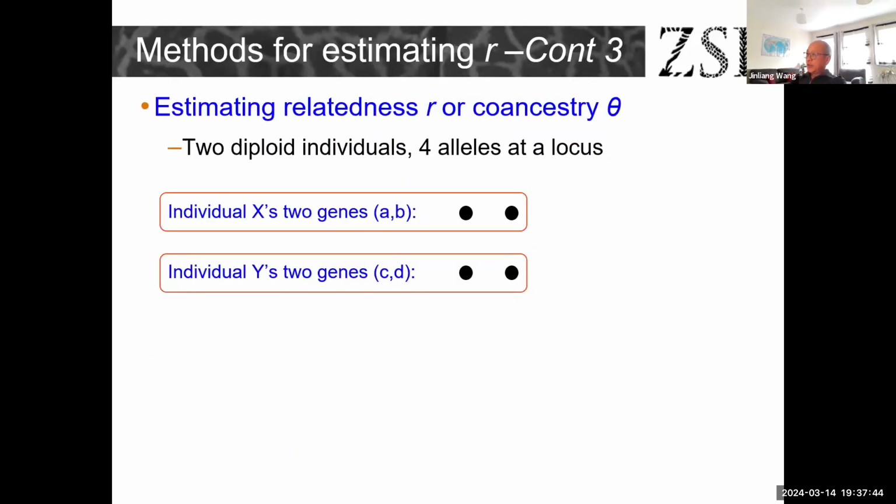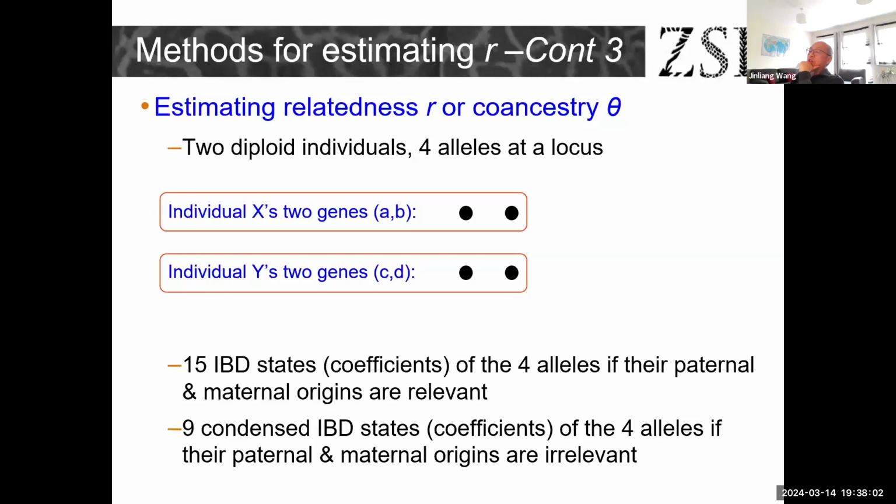Now consider relatedness. For relatedness, we have to consider two individuals, X and Y. For each individual, we have two alleles at a locus. So in total, we have 4 alleles. Among the 4 alleles, there are 15 IBD states if the paternal allele and the maternal allele are distinguished and are relevant.